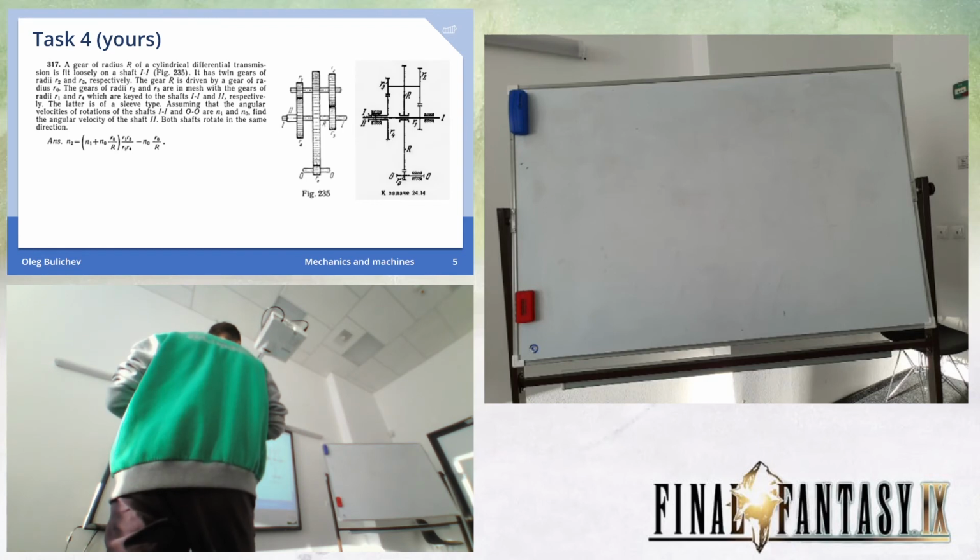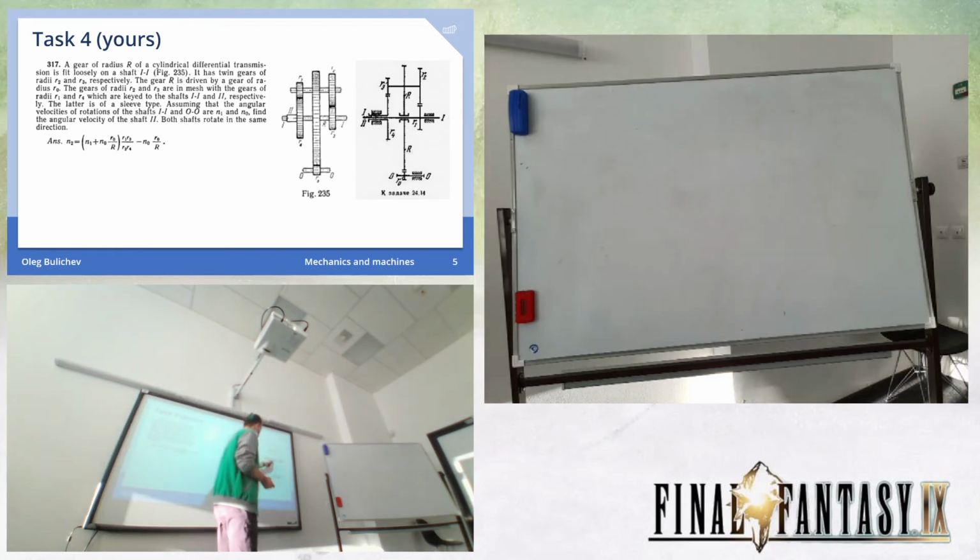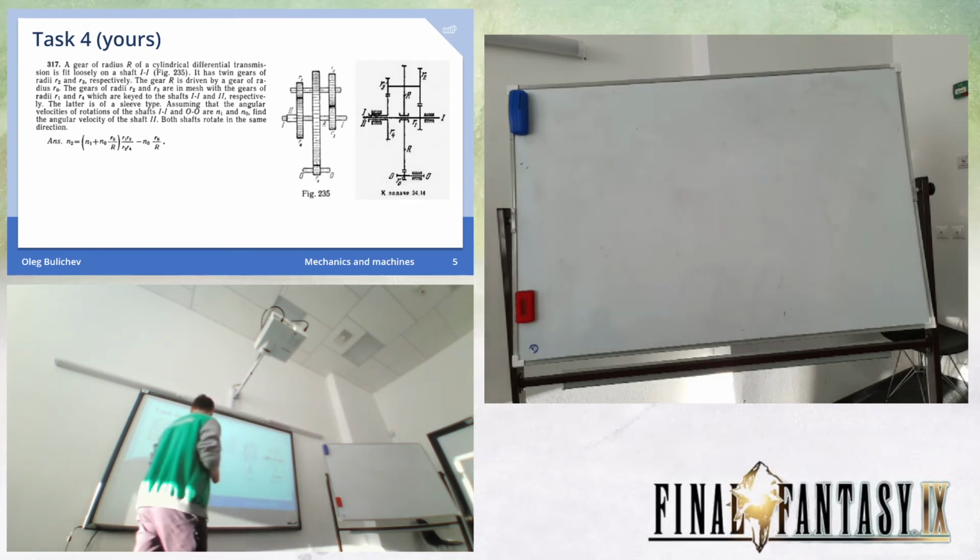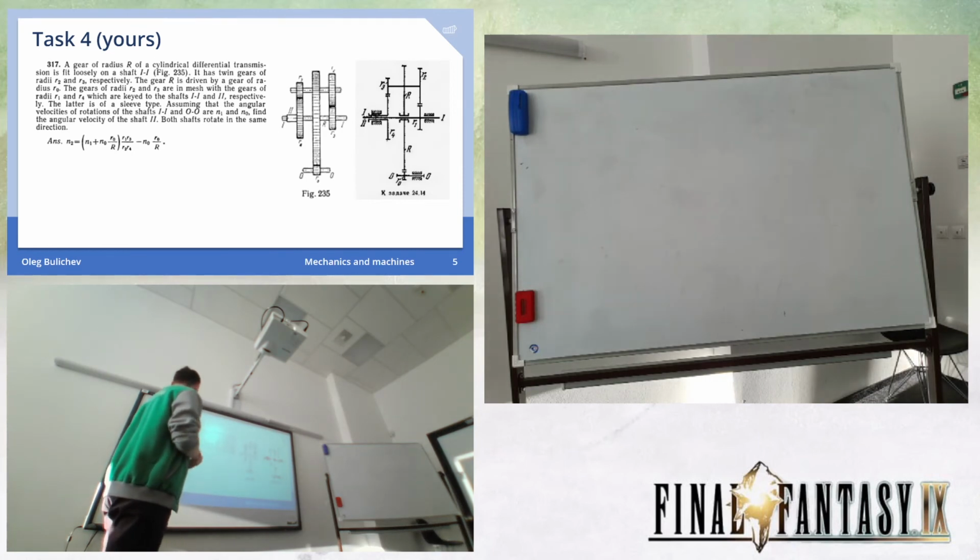I and I. Because look at this, it's the same shaft. It's one shaft. And this is the output. And actually, we need to find the shaft too for this one.